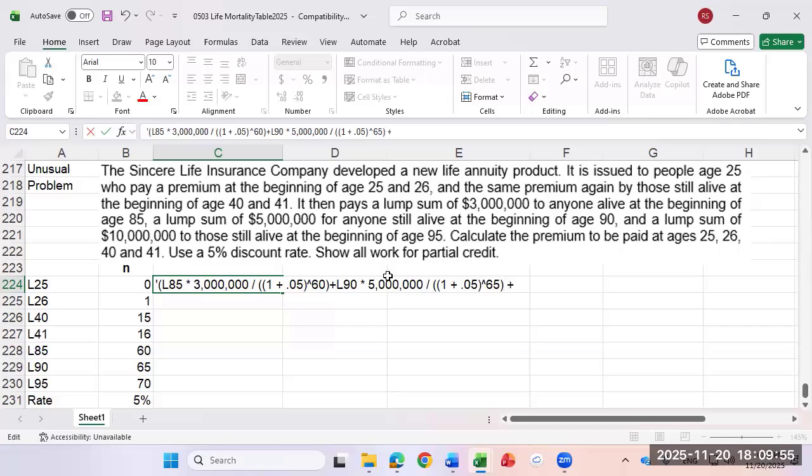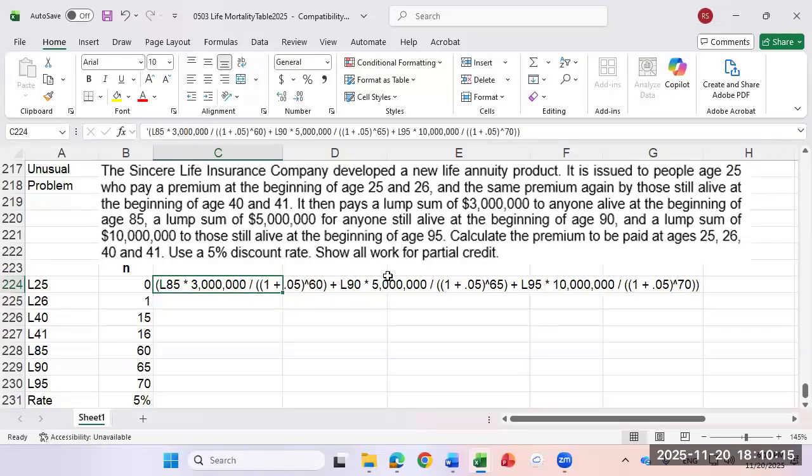Plus the last one, L95 times $10 million, divided by 1 plus the rate raised to here 70. 95 minus 25 is 70. So there's your numerator. The numerator should be pretty simple.